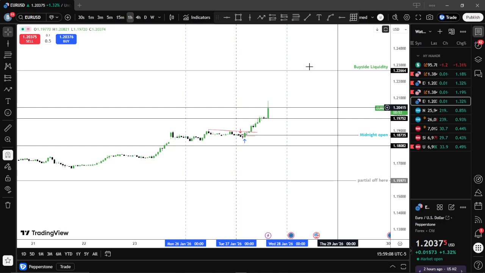I think we can get a retracement tomorrow to these inefficiencies right here. I'm not saying it's gonna be tomorrow, but right now it's kind of hard to determine. This buy side is the objective, but going to that buy side, price can do something like this.